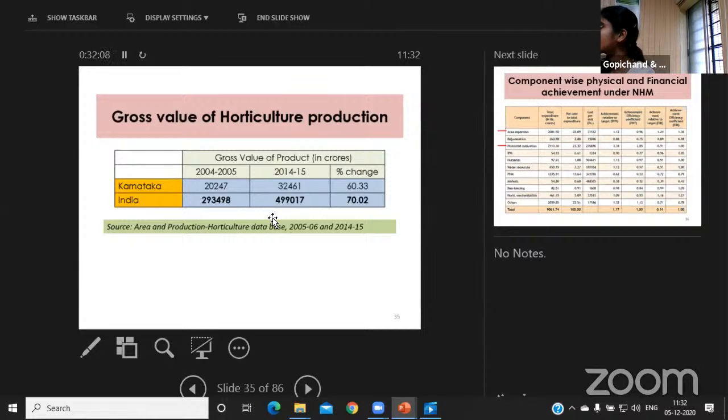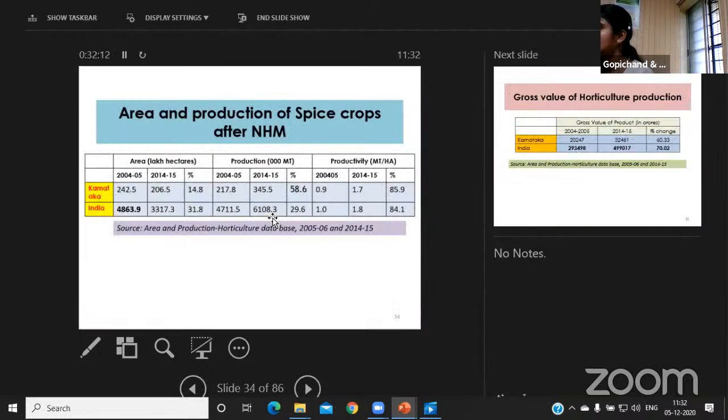This data is collected from the area and production horticulture database. It is not annual data but a comparison over a 10 year gap, from 2004-05 to 2014-15. Over what period of time is this gap?